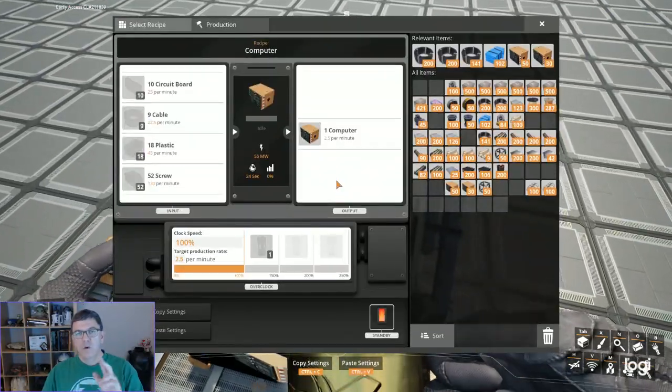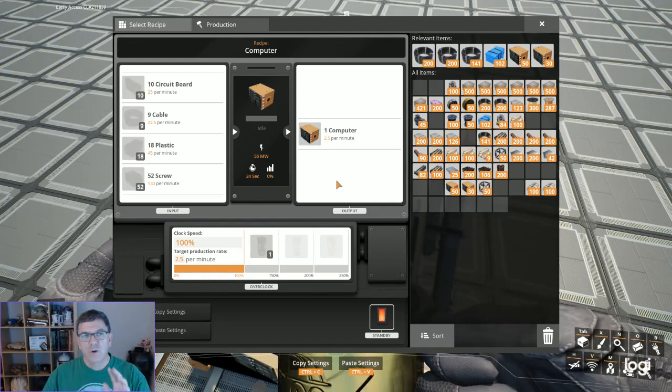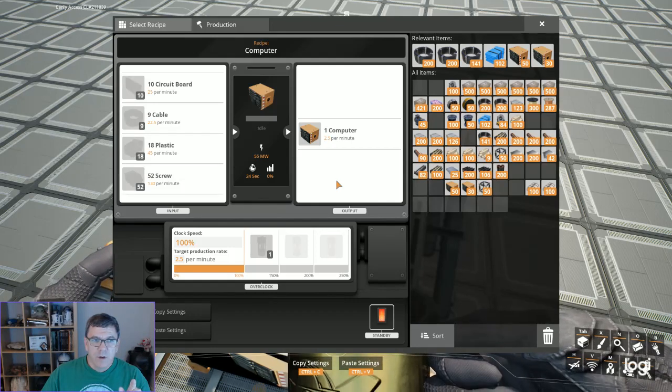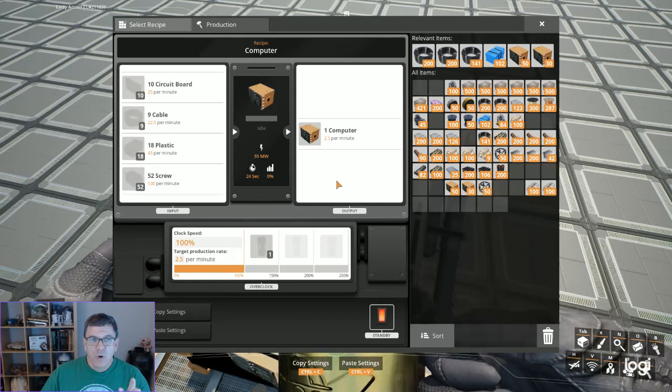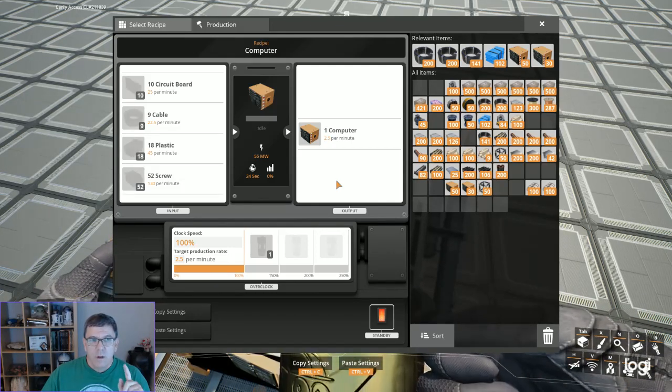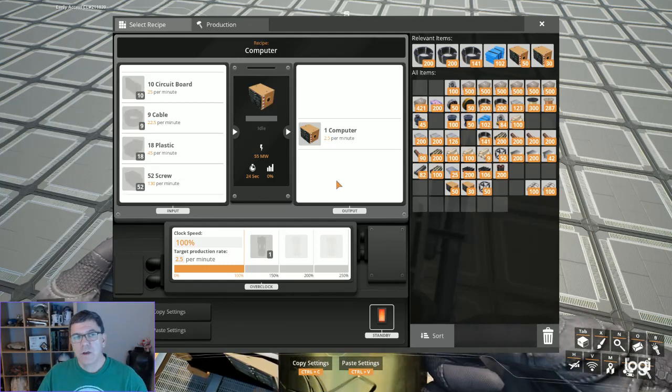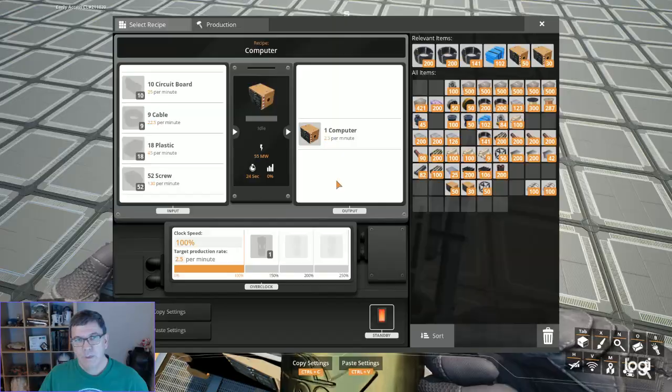In order to make 2.5 computers per minute, we need 25 circuit boards, 22.5 cable, 45 plastic, and 130 screws per minute.